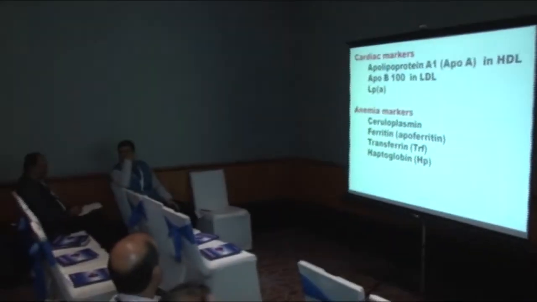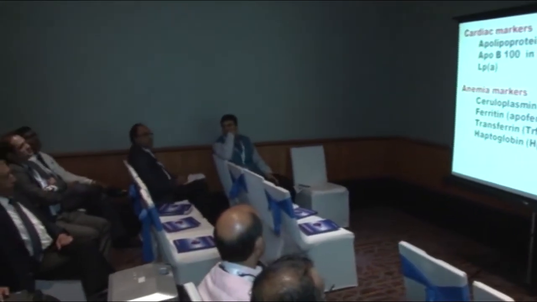Some are smaller, some are larger. Some will have more lipid content, some lesser. Therefore, you do the LDL reaction, you get a result, but interpretation may be a little difficult. You don't know what particular molecule has been precipitated.